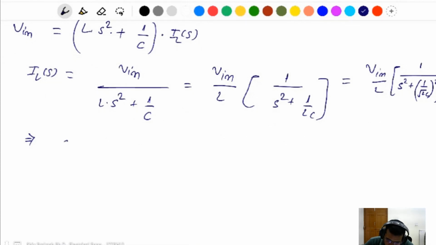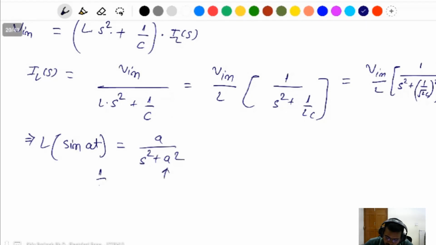You know about sin omega t, sin at in Laplace: a divided by s square plus a square. Same thing here, a is equal to 1 by root of LC.